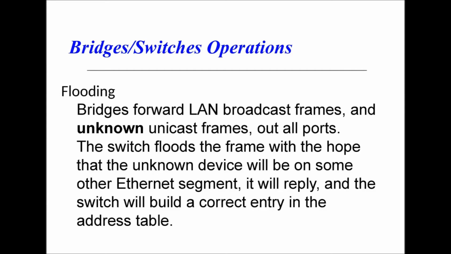So to get the required MAC or physical address, first the frame will be broadcast to all the different devices, all different segments, and after those segments receive the request, the intended device will unicast a reply, and after that the specific MAC or physical address of that device will be updated by the switch or bridge in the MAC address table.